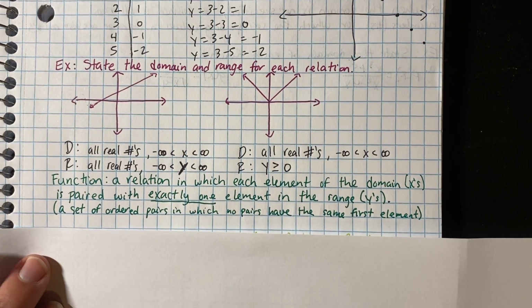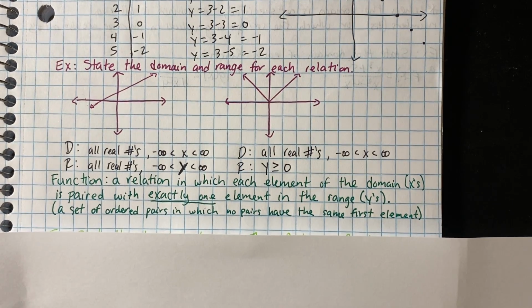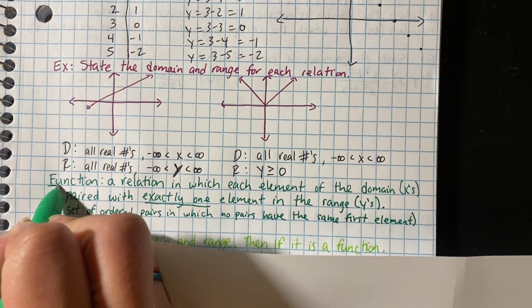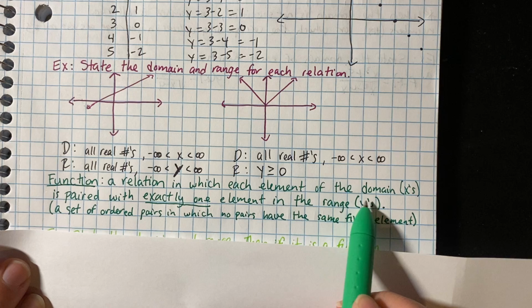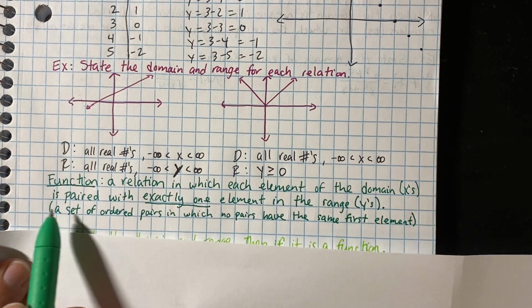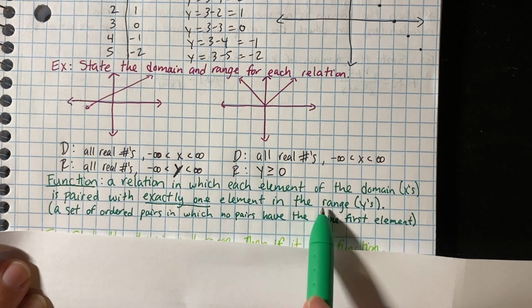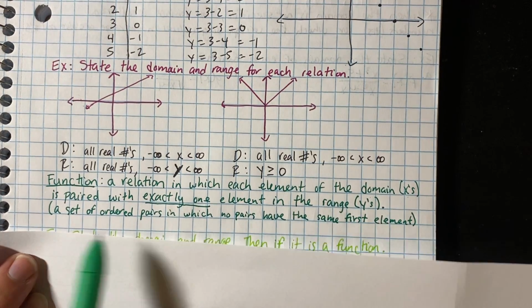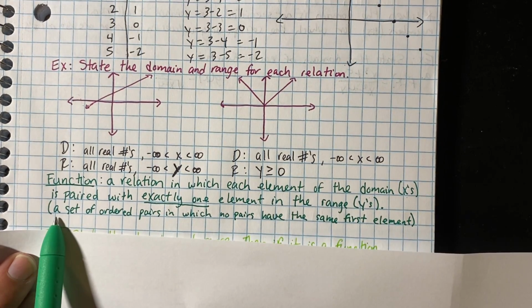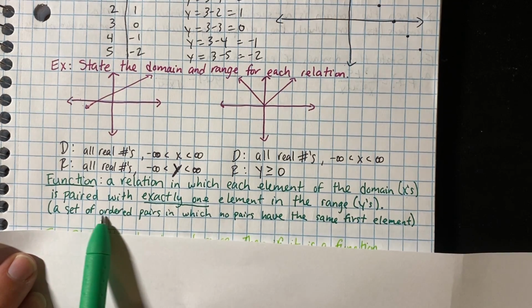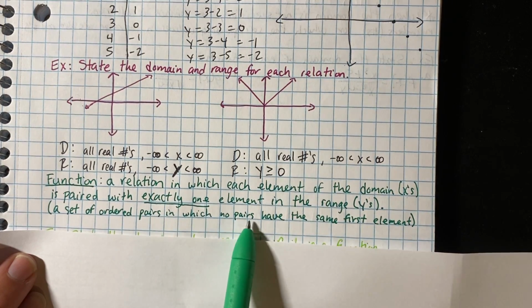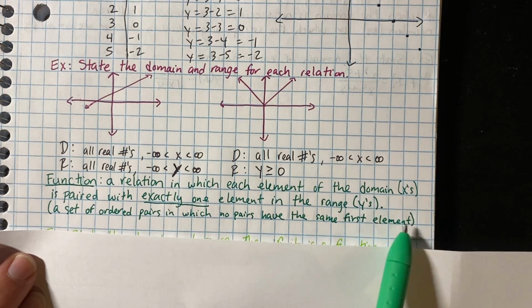Okay, so a function. A function is a relation in which each element of the domain, our x's, is paired with exactly one, super important, element in the range, or the y's. Okay, so another way to say it is a set of ordered pairs in which no pairs have the same first element.